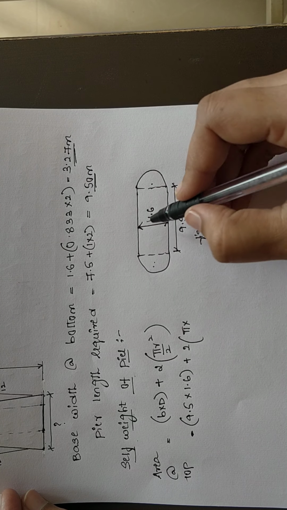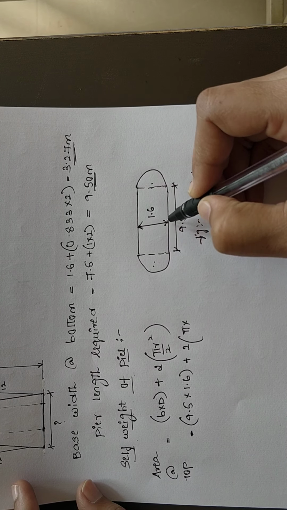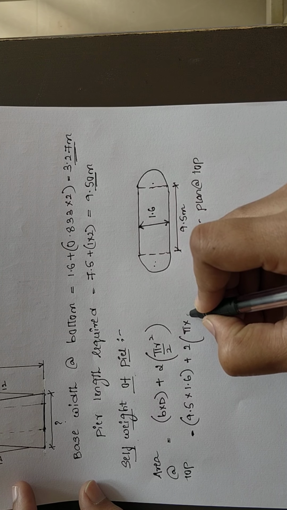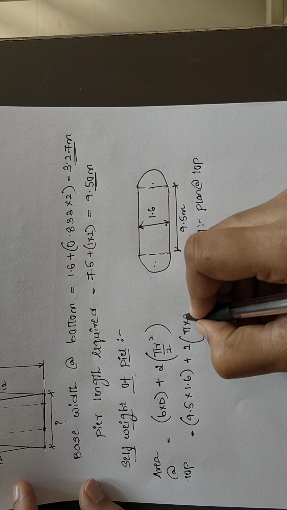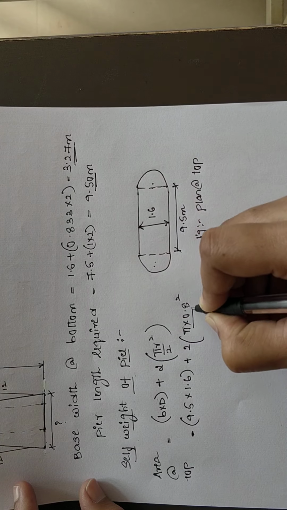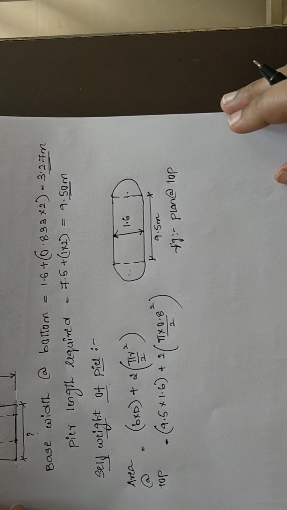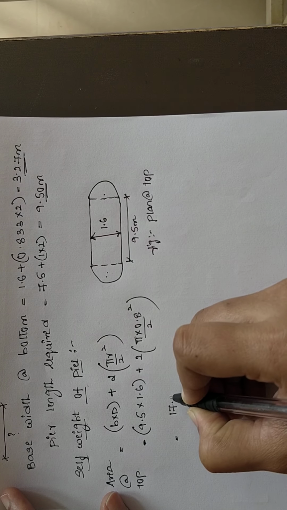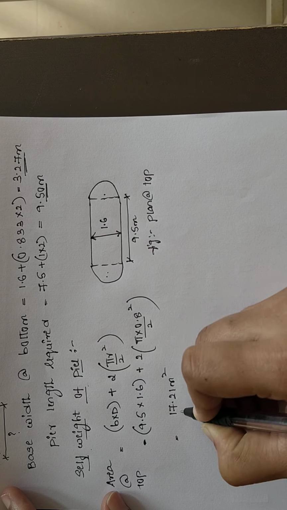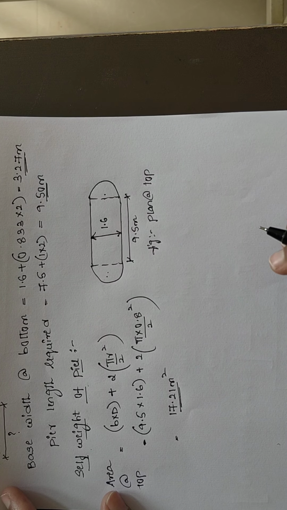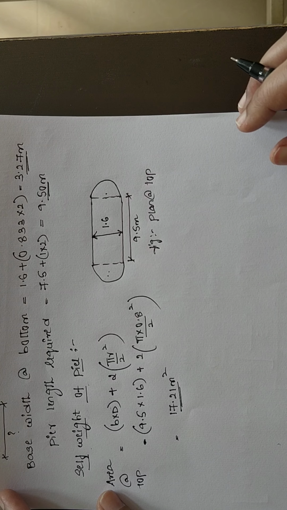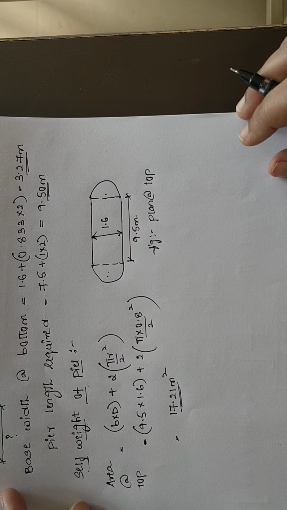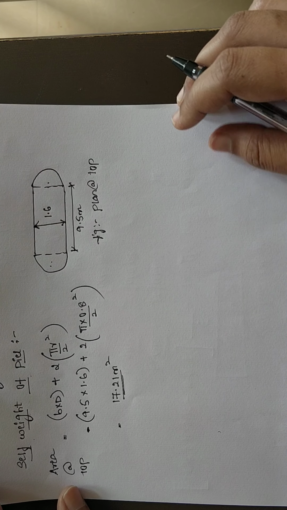R square means, this will be the total diameter, so r will be 1.6 divided by 2, that is 0.8 square, divided by 2. Upon calculation, you will get 7.21 meter square. This is your area at the top. Once you calculate the area at the top, you calculate area at the bottom.